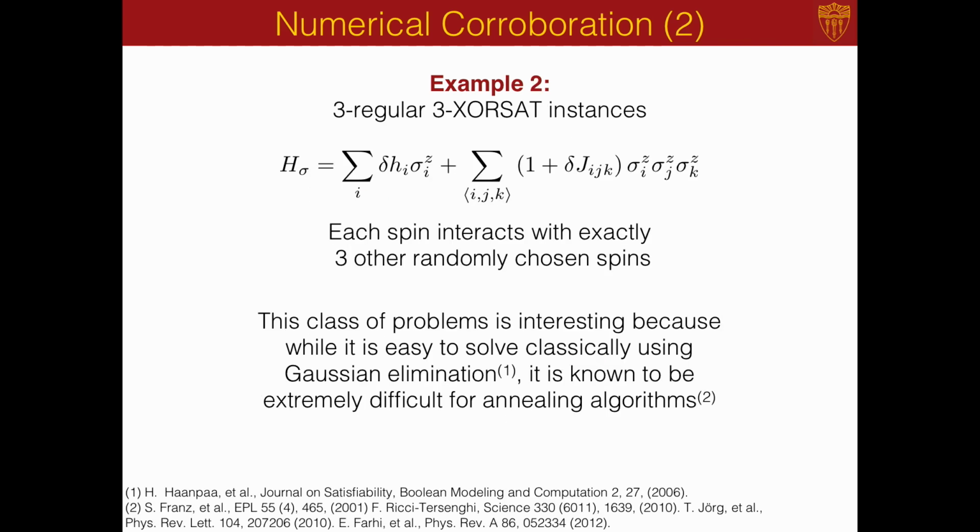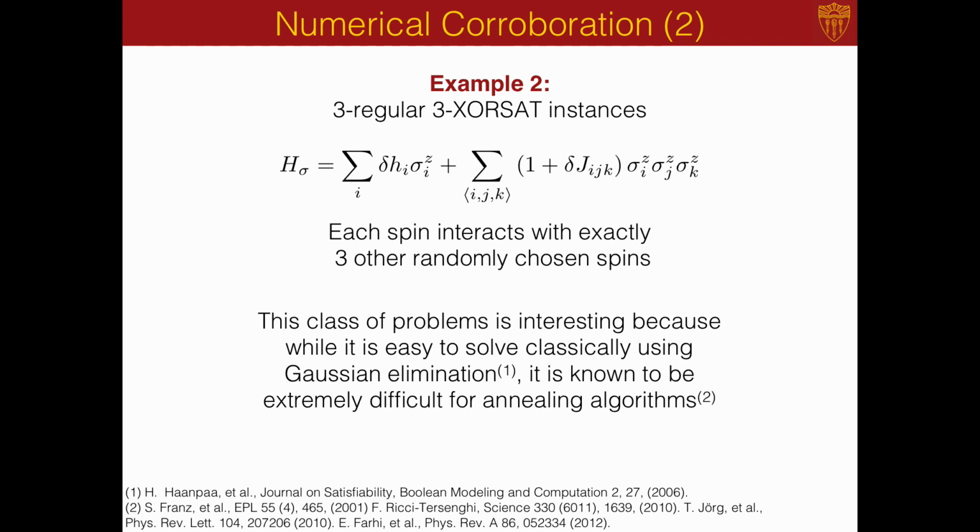But let me consider another class of instances. So this is not exactly an Ising Hamiltonian. So it belongs to what we call 3 regular 3 XOR SAT instances. So they involve 3 body Z terms. Notice that at least for the implemented Hamiltonian, all the couplings for these 3 body terms are antiferromagnetic.